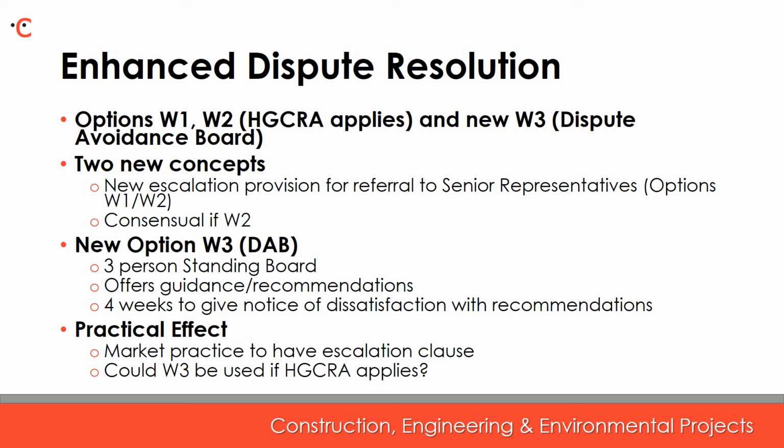This is similar to the dispute avoidance board in FIDIC contracts and will likewise tend to apply primarily to projects outside the UK. Parties may refer disputes to the dispute avoidance board, who are nominated by the parties and agreed at contract formation.